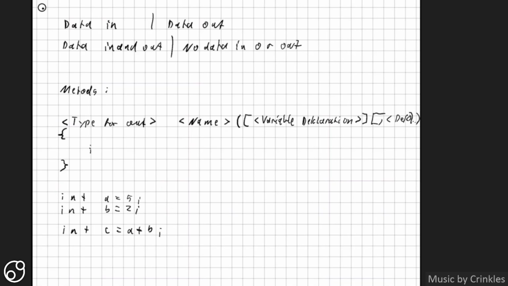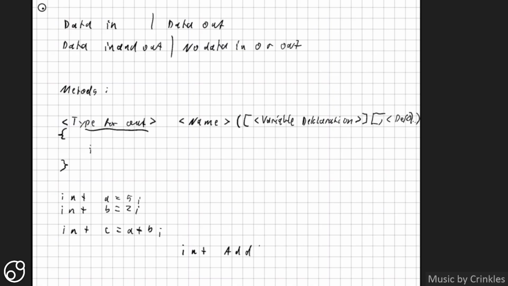If we try to recreate this addition operation, we can do that with a method that would return an integer value. So we first start with int. So this part. Then we're going to take care of the name. And we'll call this add.